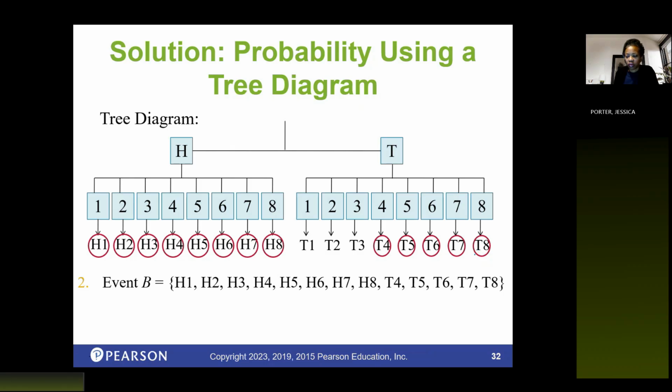Wait, I'm confused. So when it says to toss a head, you're including all the numbers that are tossed with the head? I don't understand that part. Yeah, so if it says toss a head or spin a number that's greater than 3, we're going to consider all the heads, because that's tossing a head, right? All those options, 8 options.